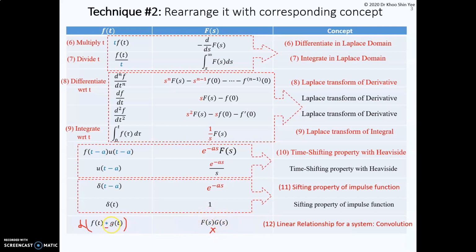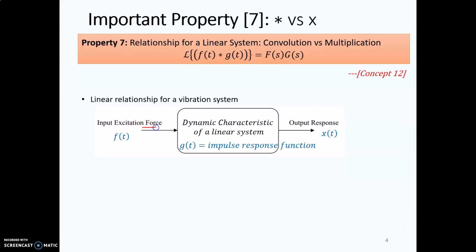So convolution has a great application in engineering, where it shows the linear relationship for a system. Let's say you have a force F(t) acting on a linear system, and the linear system can be represented by g(t). If f(t) and g(t) are given, then how can you find x(t)?